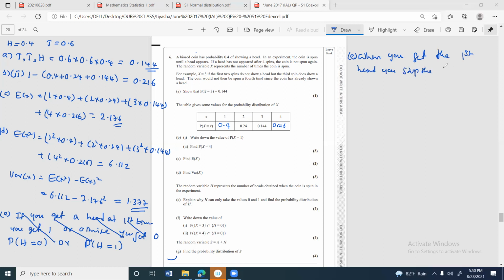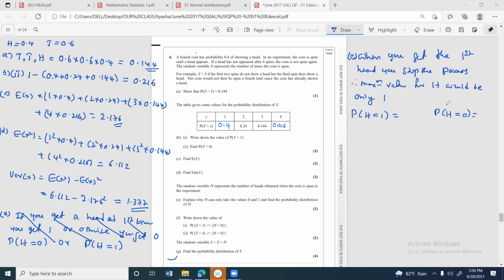Therefore, the maximum value for h would be only 1. Therefore, we can get probability of h equals 1 or probability of h equals 0, where you don't get any heads.